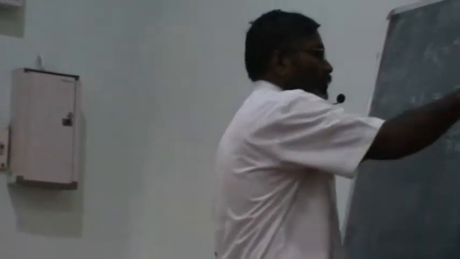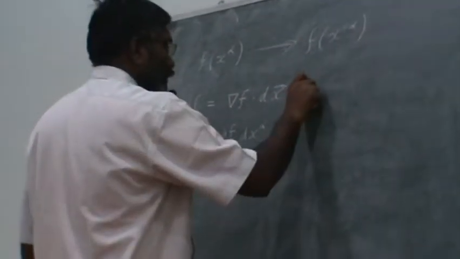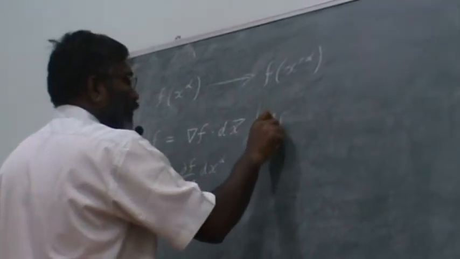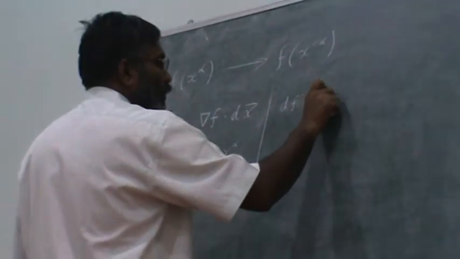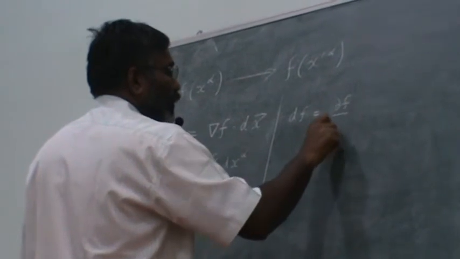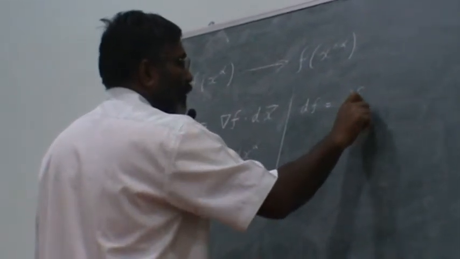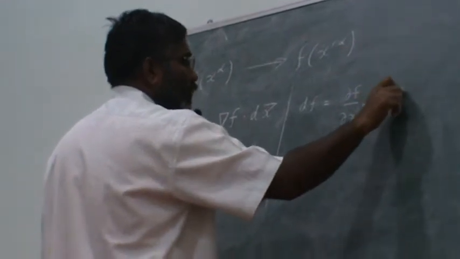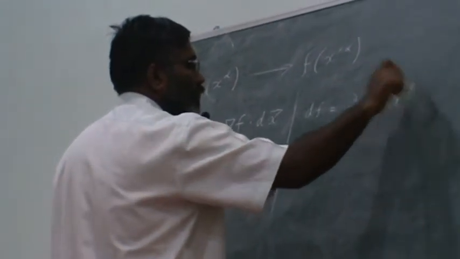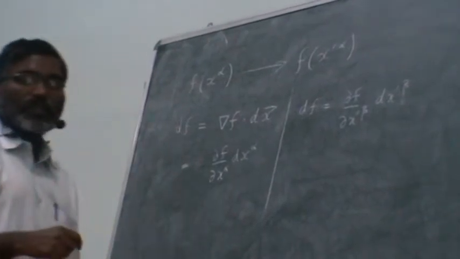Also, you can say that df will also be equal to dou f by dou x prime beta into dx prime beta. If you make a change of coordinates, you can actually write it in this fashion.